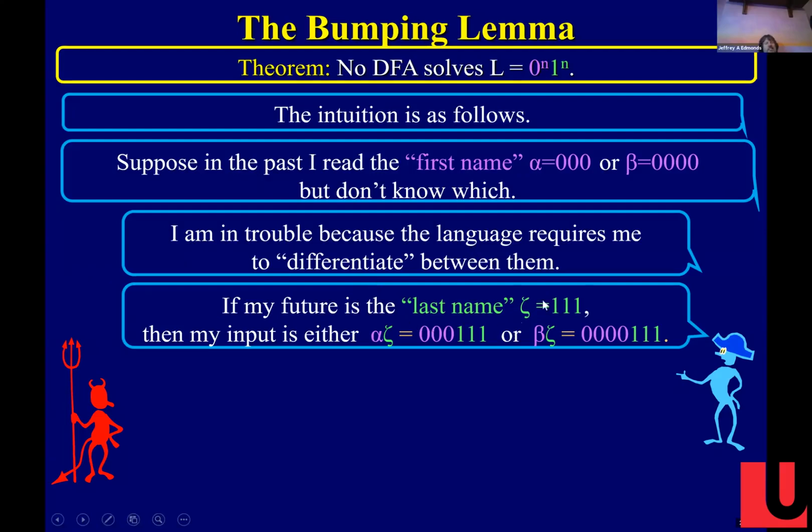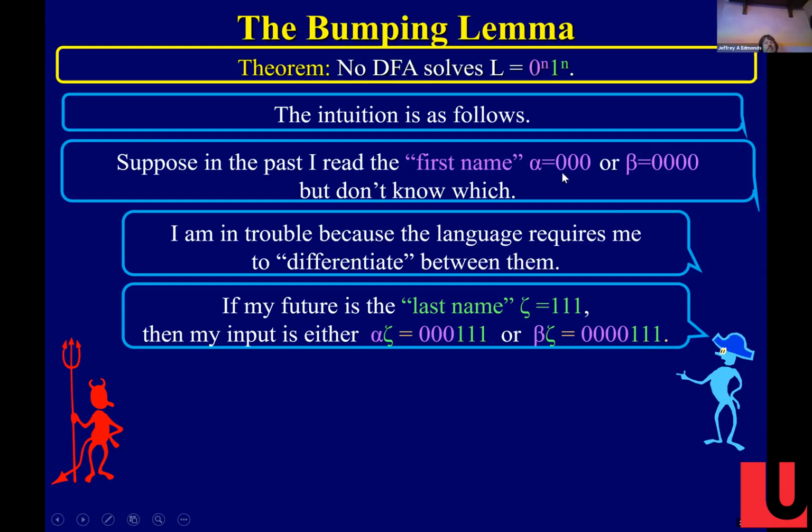Why? It's because suppose the last name was 3 zeros, right? Then had my first name been 3 zeros, then alpha zeta would be 3 zeros, 3 ones, and the answer would be yes, because the number of zeros equals the number of ones. But if my first name had been 4 zeros and then I read the last name with 3 zeros, then it would be 4 zeros, 3 ones, and the answer would be no, right?